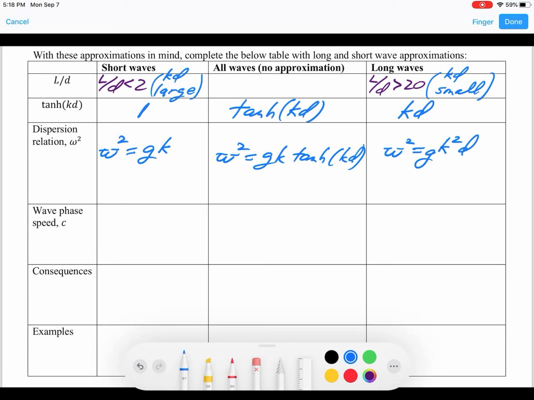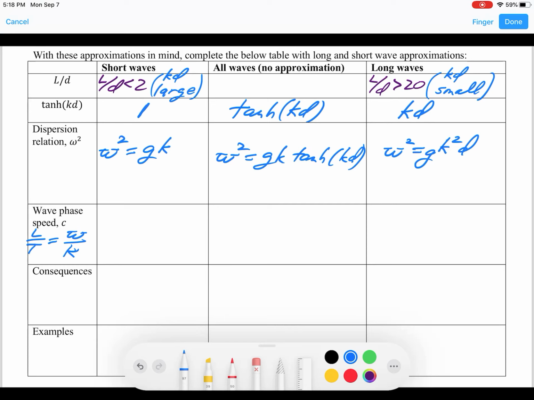Now if we look at the phase speed of the wave, remember that it's always given by L over T, but remember that L over T can also be rewritten as omega over K, if you just convert those two variables, okay?